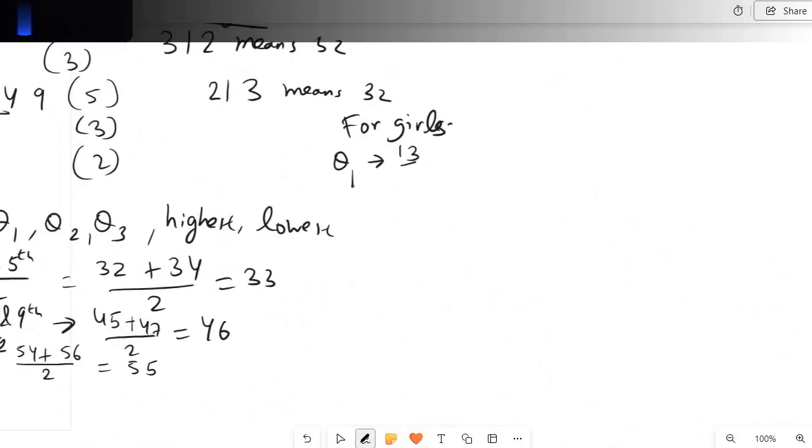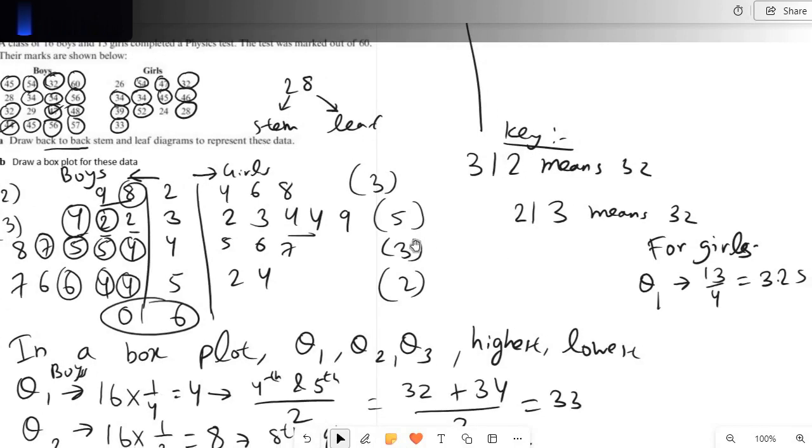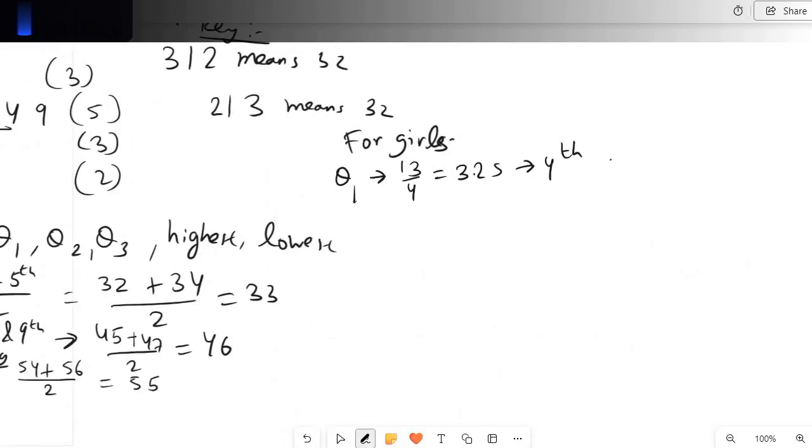So 13 divided by 4 is going to be 3.25, which, as you can see, has to be rounded up because this is not a whole number. So the fourth term is going to be the lower quartile. In this case, the fourth term is this. So 32 is going to be our lower quartile.